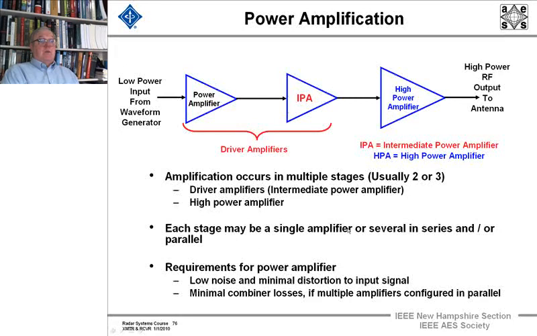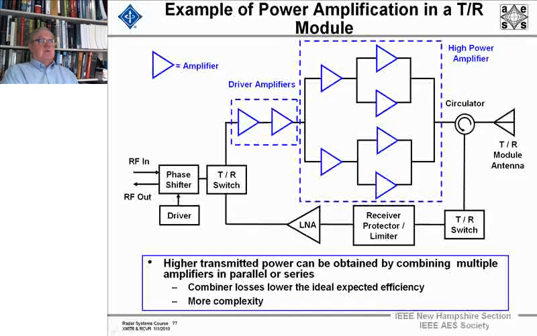And each stage could be a single amplifier or several in series or parallel. And there are requirements for the power amplifier here. We want low noise, minimal distortion, minimal combiner losses if we have multiple amplifiers in the configuration.